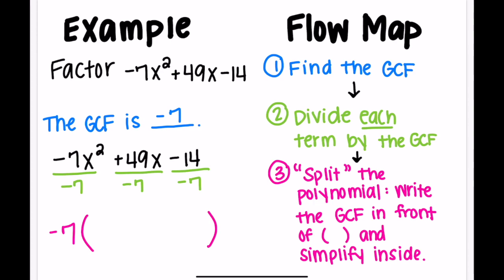Okay, now I'm simplifying. -7 divided by -7 is 1x squared. Now 49 divided by -7 is going to be a -7x. And then -14 divided by -7 is going to be +2. And that is our final answer for factoring by GCF.